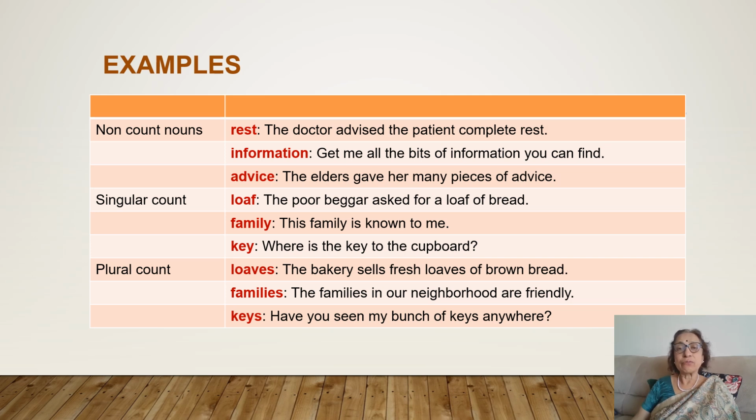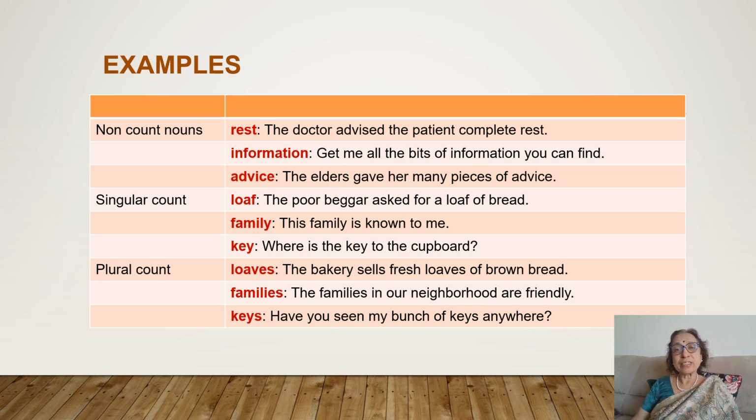This is the singular form where we are talking in terms of loaf and not bread, because bread is non-count. We are not worried about the noun bread in this sentence. We are looking at the word loaf because the plural is also there. The bakery sells fresh loaves of brown bread.